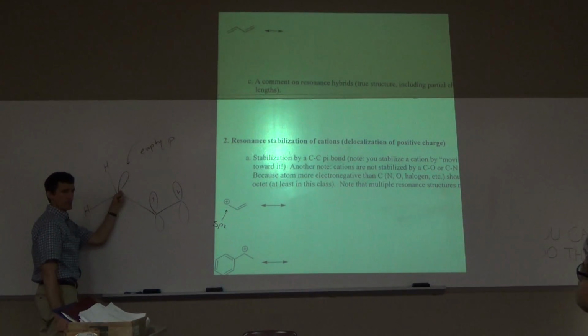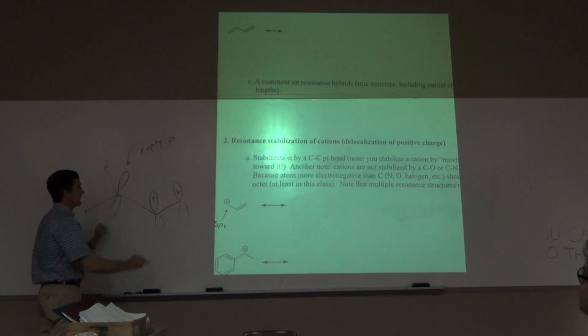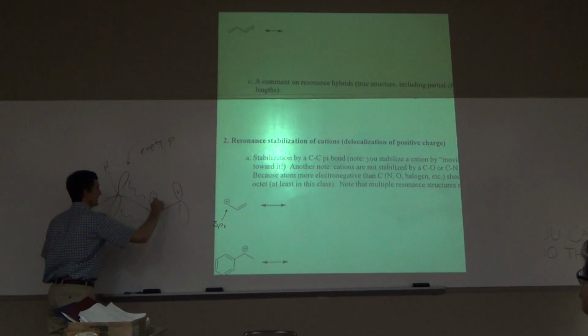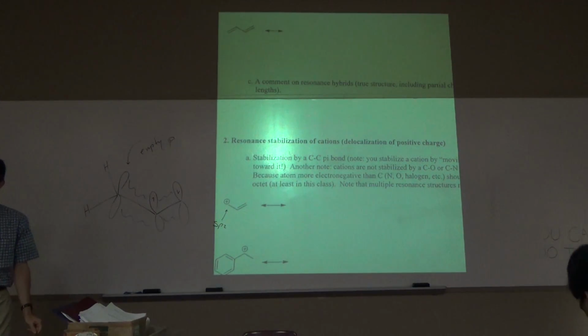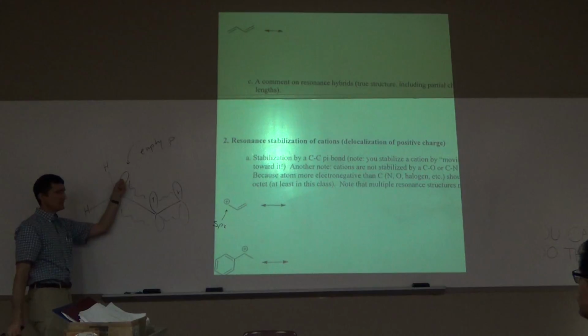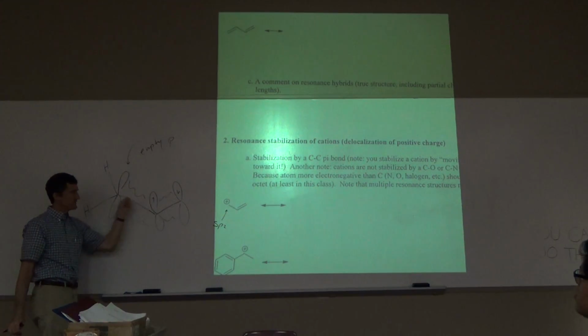But this empty p orbital is not just sitting there by itself, it's doing what? It's actually conjugated with the alkene pi system. It doesn't have to have an electron to interact.